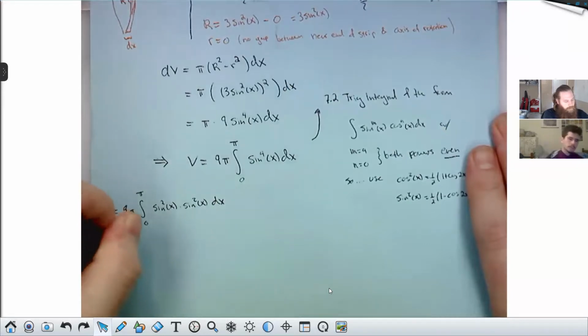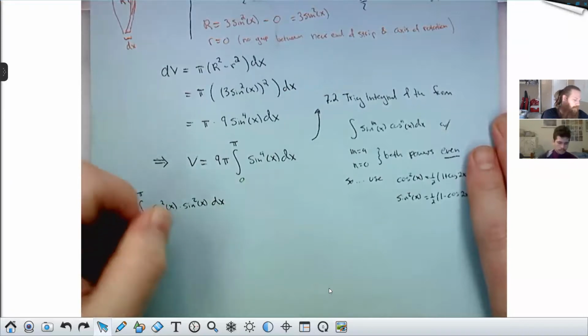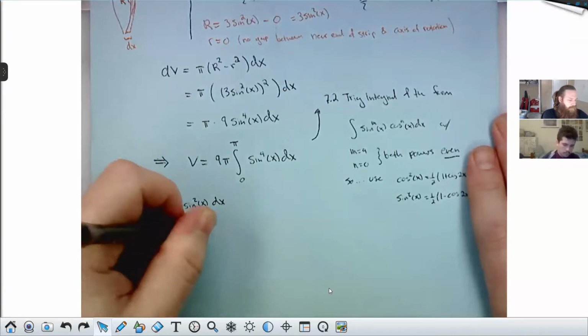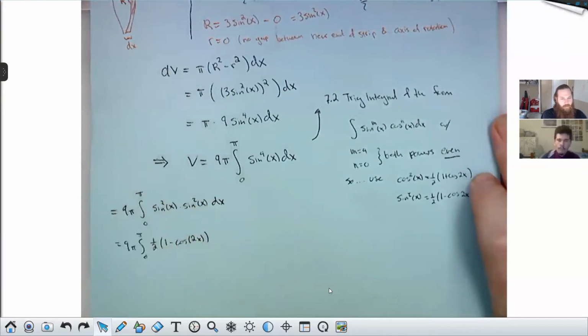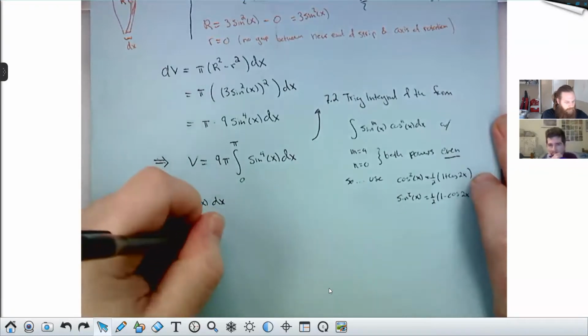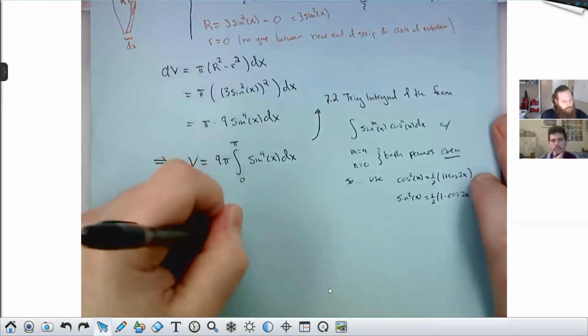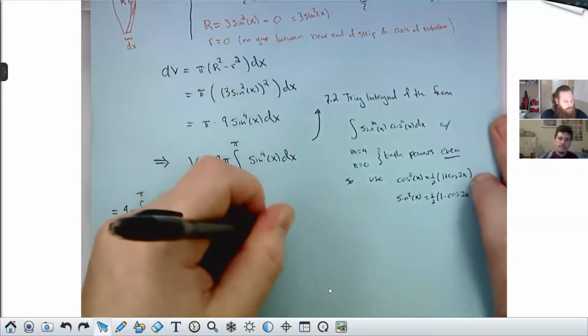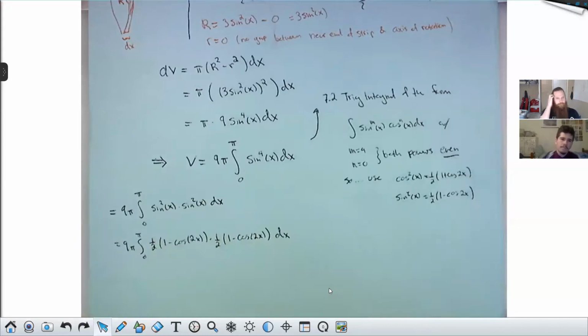So that will be 9 pi integral 0 to pi of 1/2 (1 minus cos 2x), and I'm going to be careful with my parentheses here, times the same thing, 1/2 (1 minus cos 2x), dx. The two 1/2s are constant multiples, so they can both come out as a 1/4.